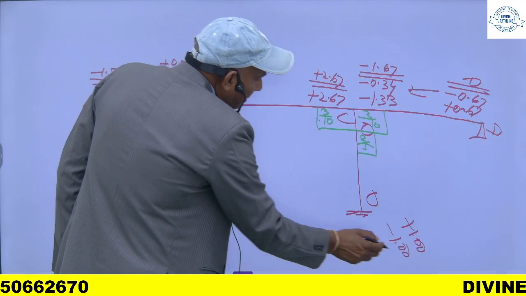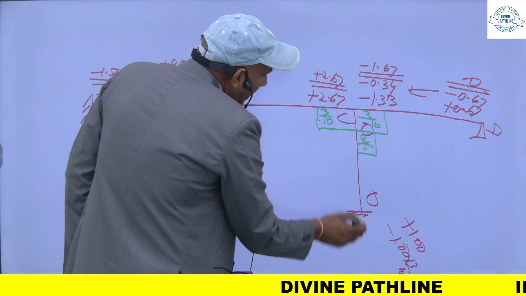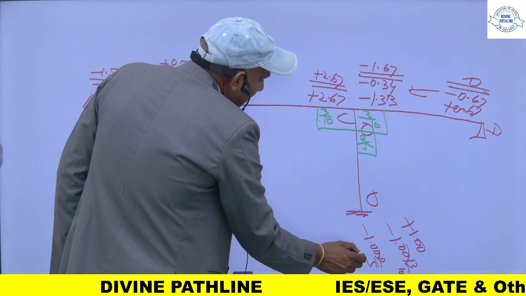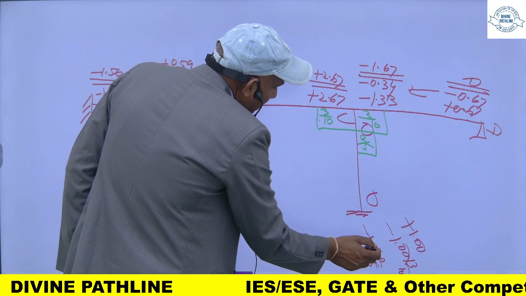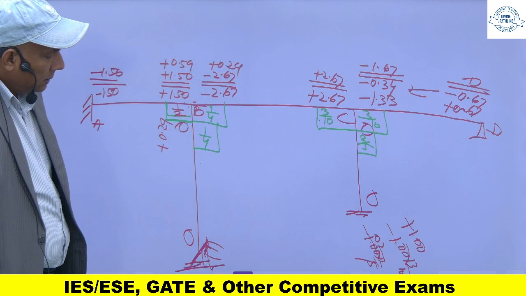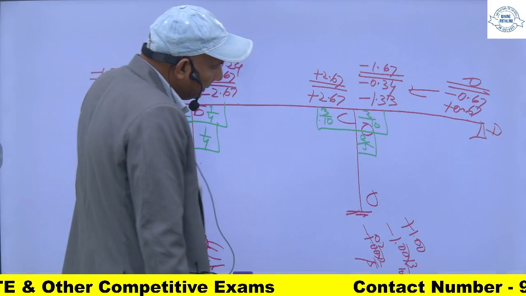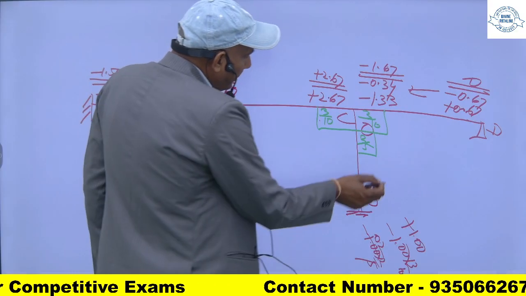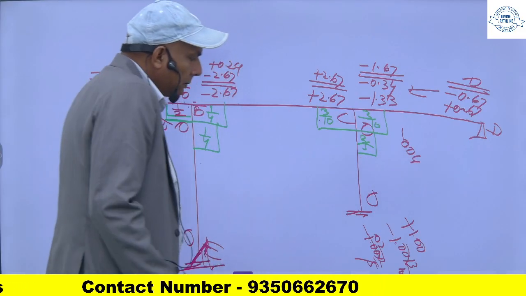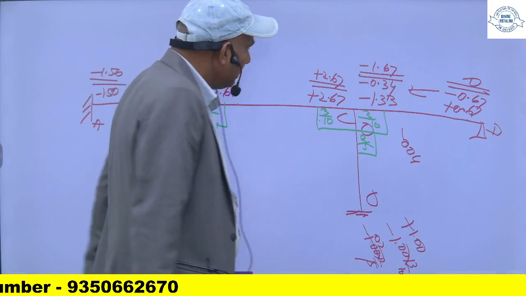For this member it will be 3 by 10, same for this, and for this member it will be 2 by 5. So it will be 0.4 for this member.